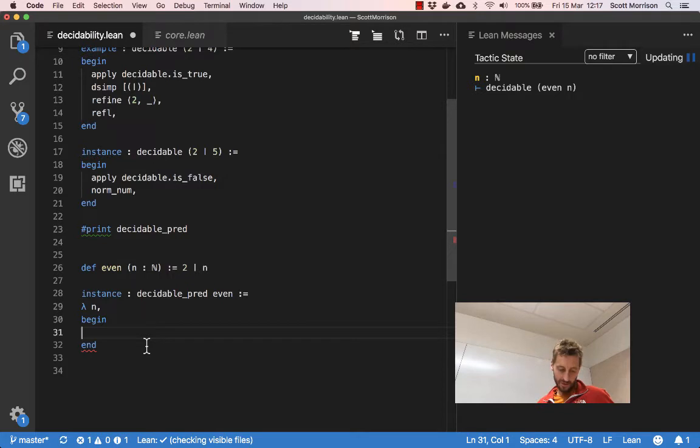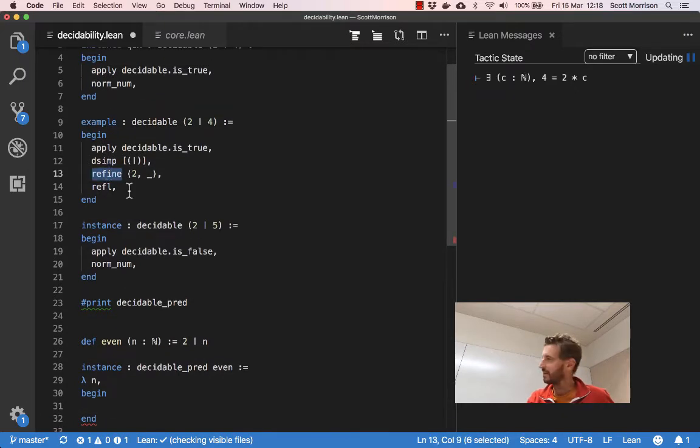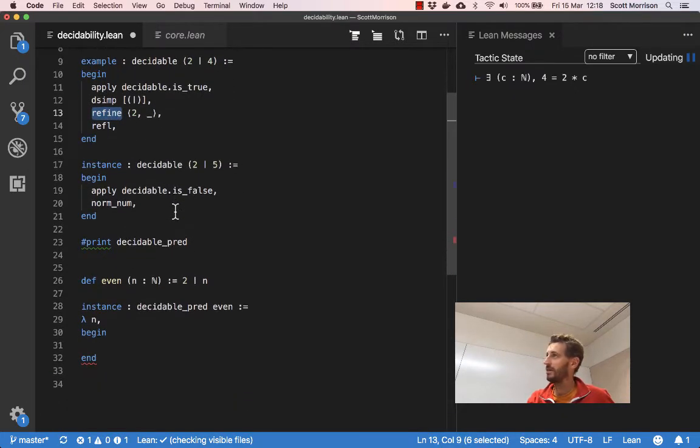Okay, but how are we going to do this? We can't just use the norm num trick or the refine trick that we had before, because those somehow relied on us actually having an explicit numerical value for n. We were just doing arithmetic with actual numbers.